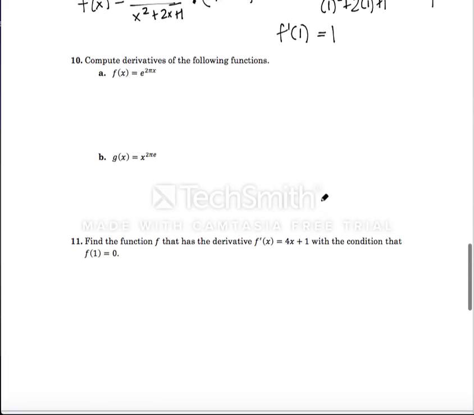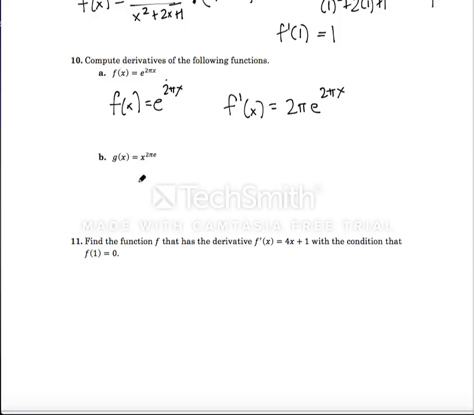Taking the derivative of exponential functions should be somewhat easy. So if f of x is equal to e to the 2 pi x, I'm actually going to just pull out this coefficient of x and make that a multiplier for my exponential. So f prime of x is simply 2 pi times e to the 2 pi x.